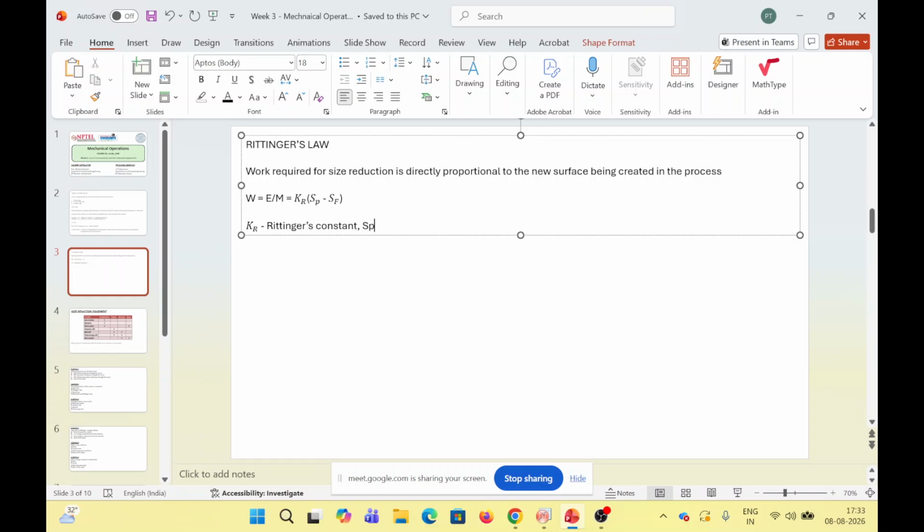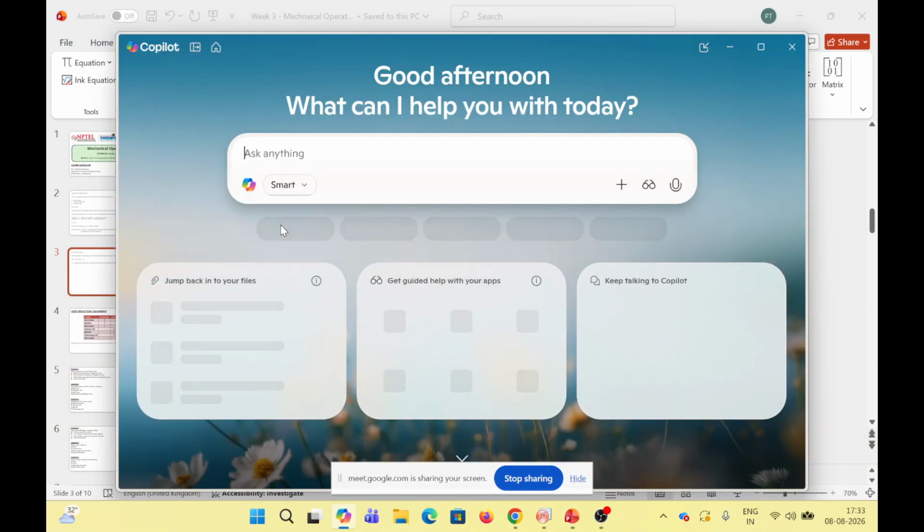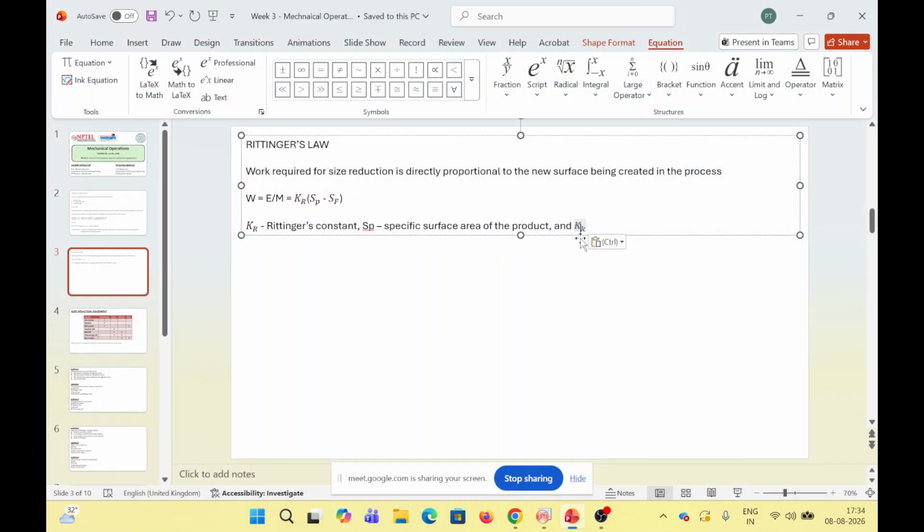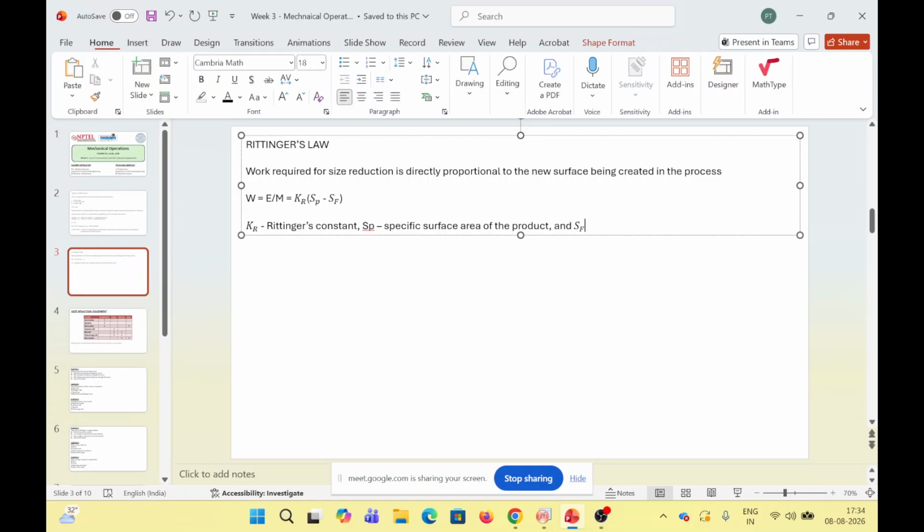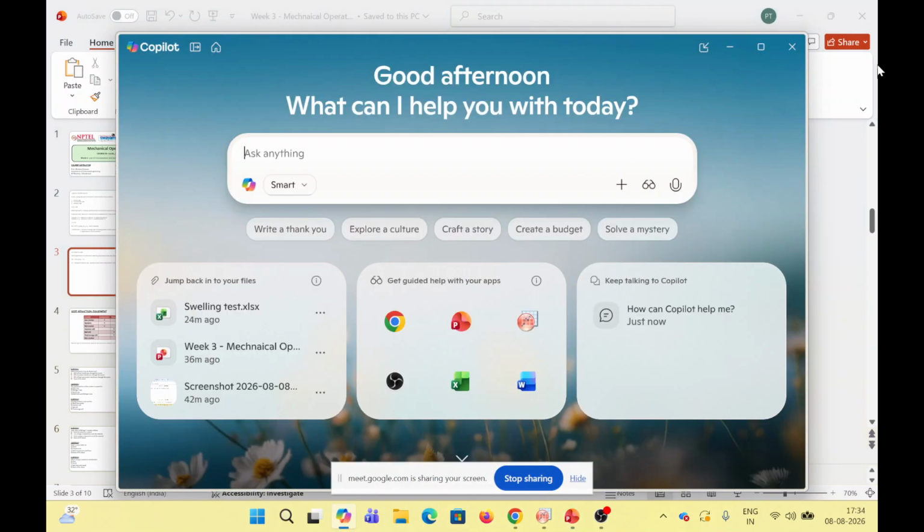S_P is the specific surface of the product, and S_F is the specific surface of the feed that you are charging inside the size reduction equipment.